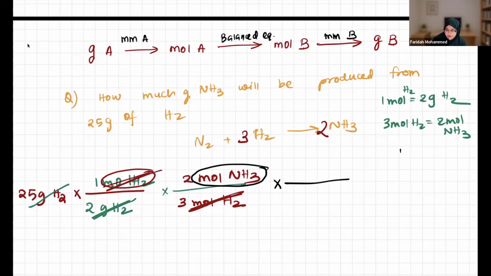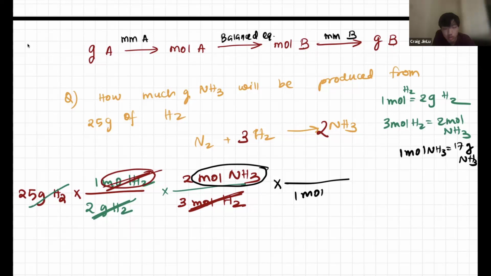So 1 mole of NH3 is 17 grams of NH3. Now what goes on the top? What goes on the bottom? We want 1 mole of NH3 on the bottom and 17 grams of NH3 on the top. And then you just do the math.